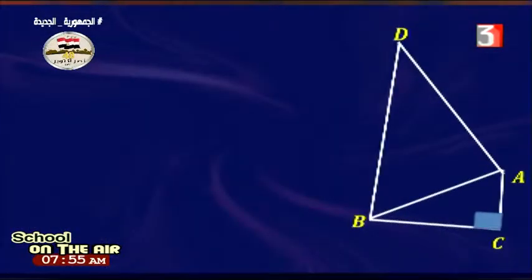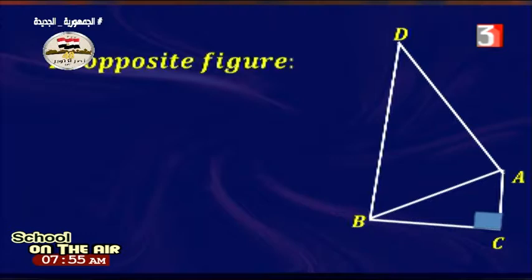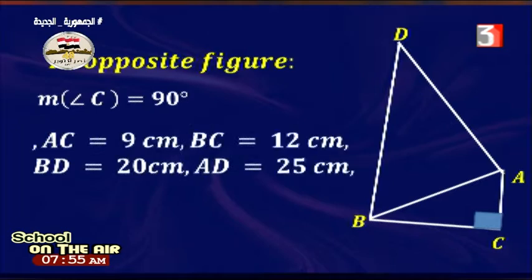In the opposite figure, measure angle C equals 90 degrees, AC equals 9 centimeters, BC equals 12 centimeters, BD equals 20 centimeters, and AD equals 25 centimeters.